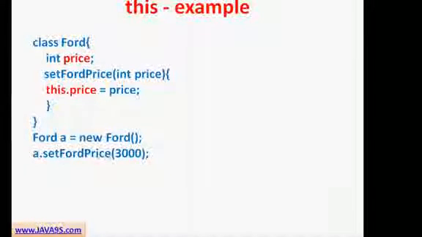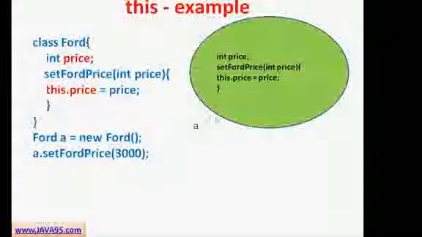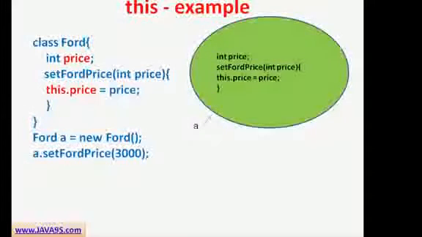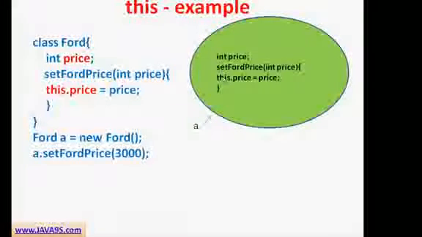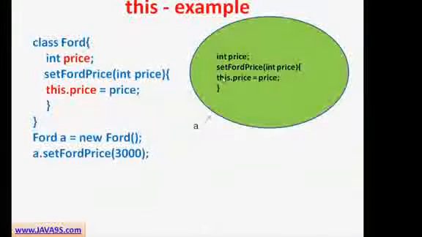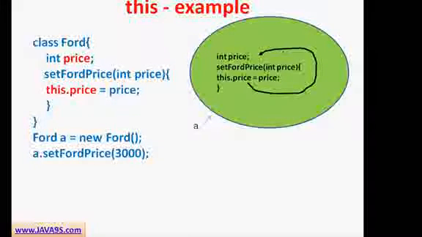So A is referring to an object, and in this we're telling that you have to refer to the instance variable which is inside you. So this dot price refers to a member which is inside the object itself.